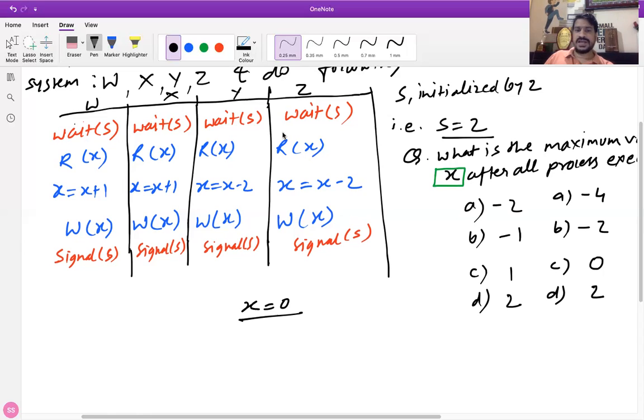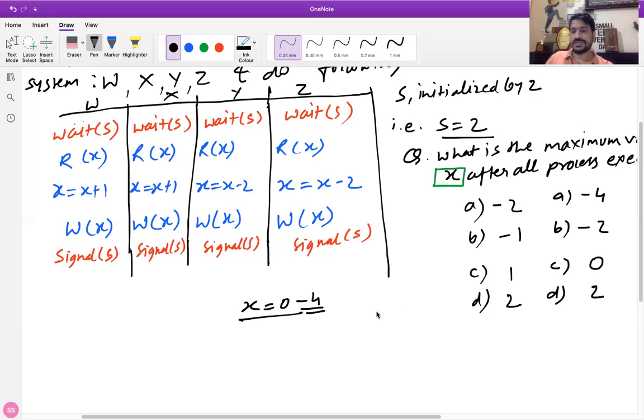Because Y and Z are minimizing the value of X. X will become -2 here, and X will become -4 here when we execute Y and Z, and when we nullify the execution of W and X. So once we nullify the execution of W and X, and I allow the process of Y and Z, our minimum value will become -4, right?